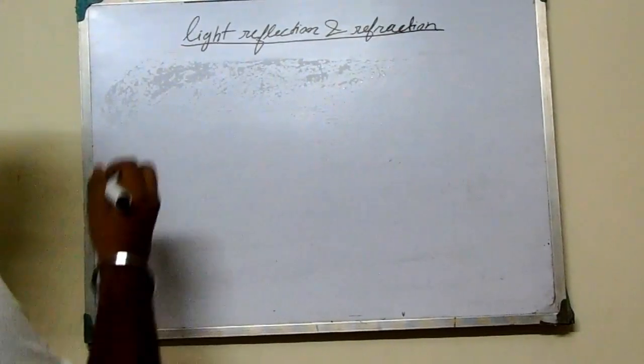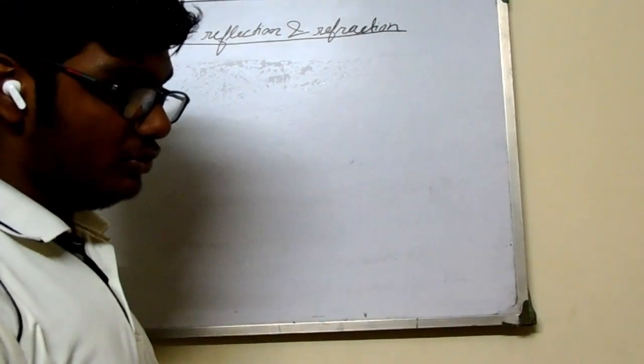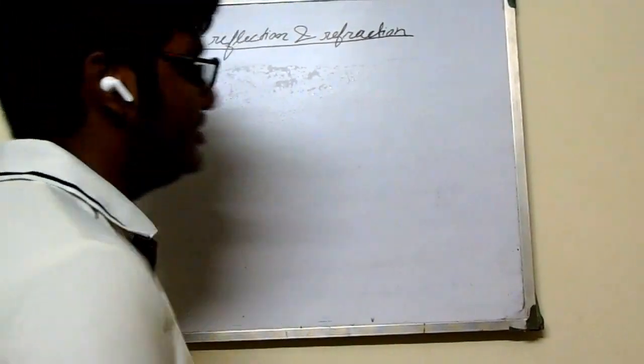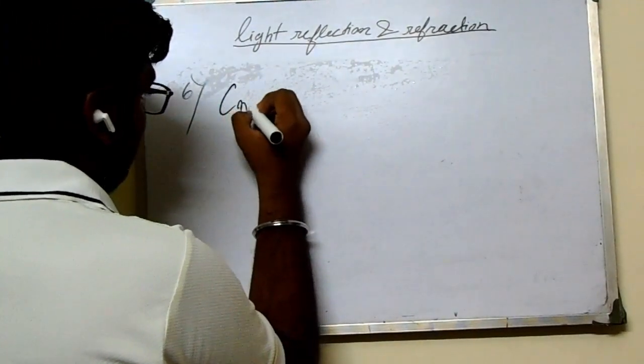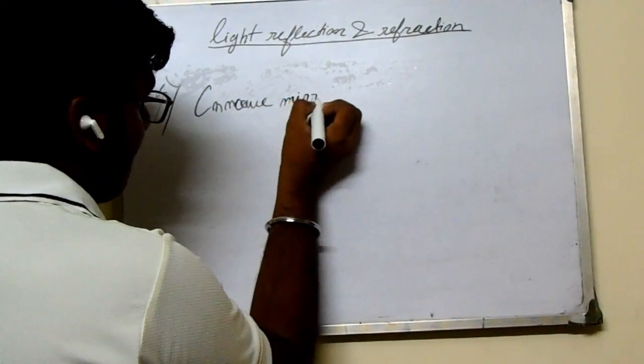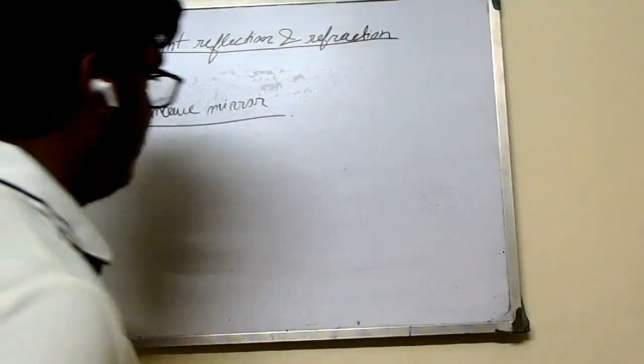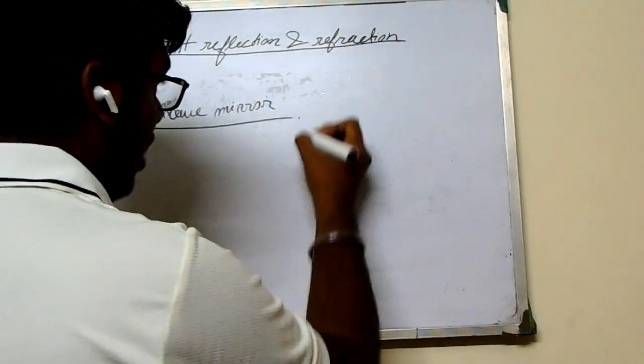So the sixth one is the concave mirror. We will learn about the concave mirror in more detail.